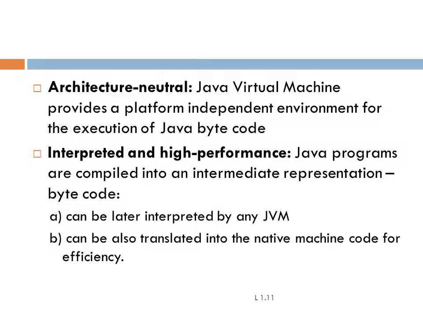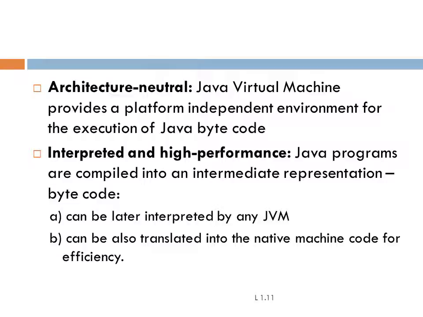Interpreted and high performance programming language. If you have just the interpreter, then we can easily run any type of Java program on any system. If Java were only a compiled language, then we could not execute Java programs on different environments.